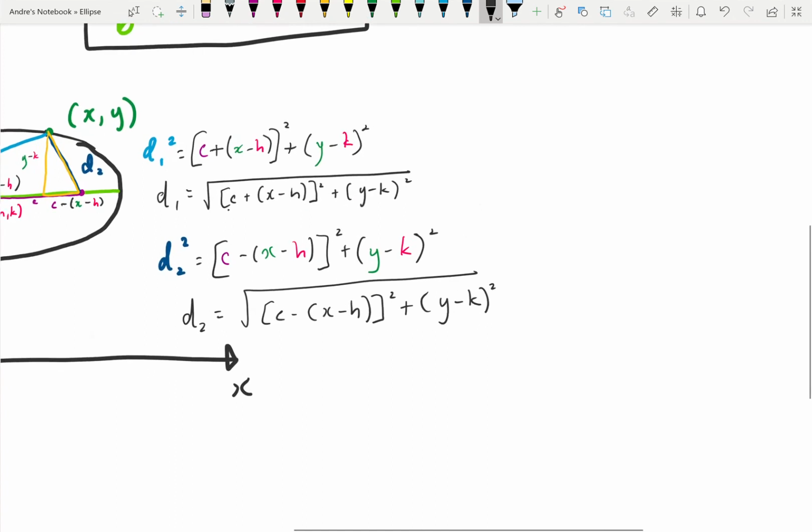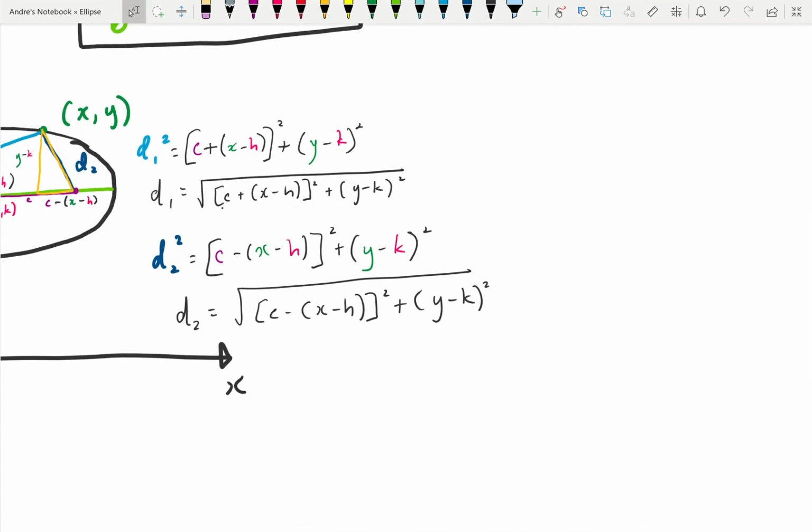Last thing we want to do here before we derive the equation is just make a small substitution. We're going to let x minus h be big X and y minus k be big Y. The purpose of this is just to make the derivation a little tidier. So instead of having all those extra terms hanging on, if we make the substitution and work it all the way to the end, we can just put these back in when we're done.